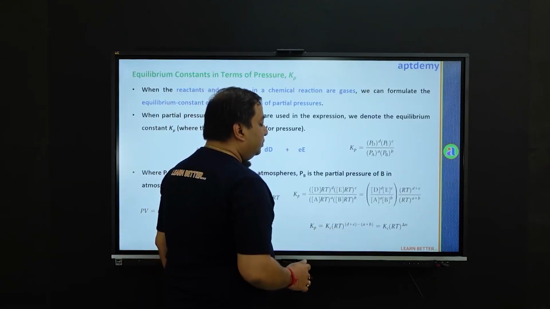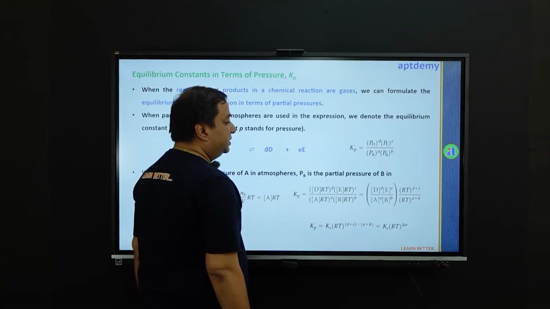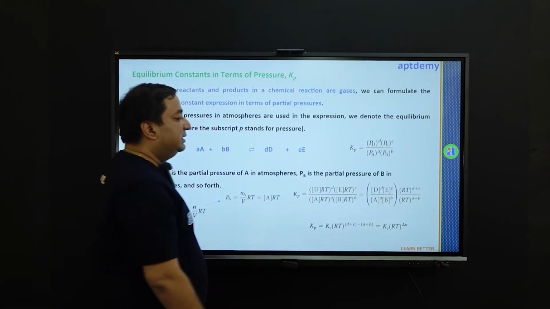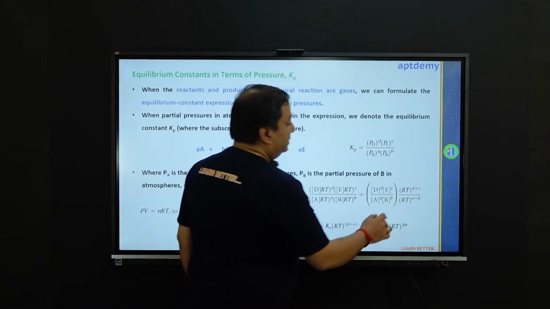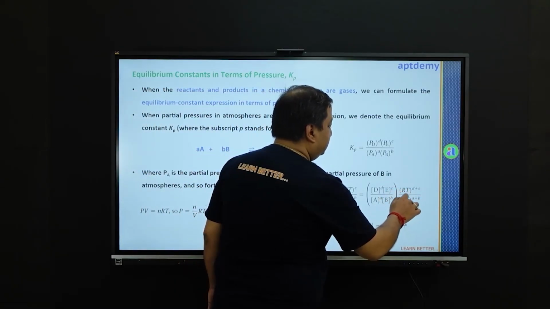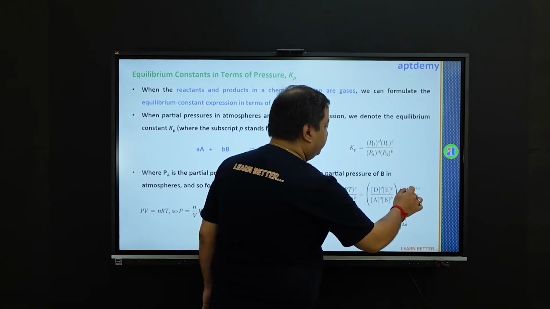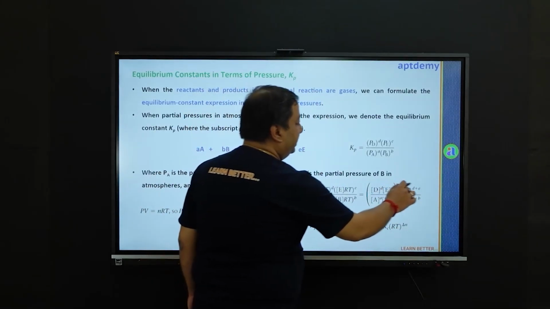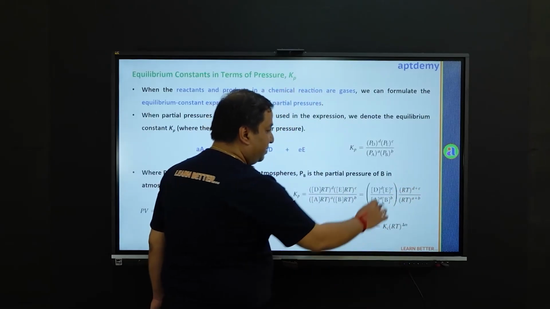Now we are going to segregate the concentration terms and write them within parentheses, and the RT terms in the numerator and the ones in the denominator will be written in this format.